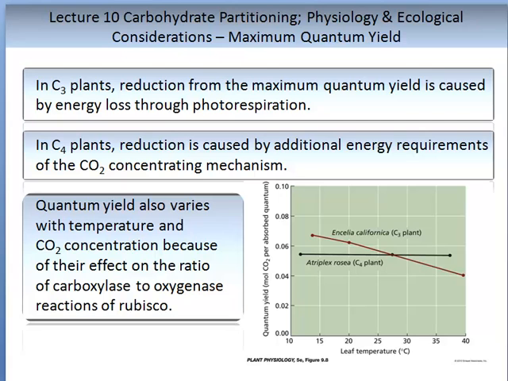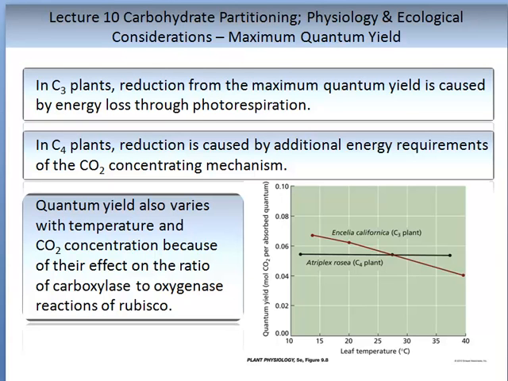In C3 plants, the reduction from the maximum quantum yield is caused by energy loss through photorespiration. In C4 plants, and you'll remember the mechanism is different to C3 plants, reduction of quantum yield is caused by the additional energy requirements of the carbon dioxide concentrating mechanism.